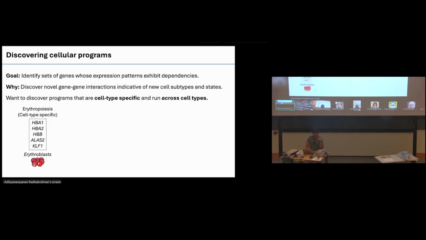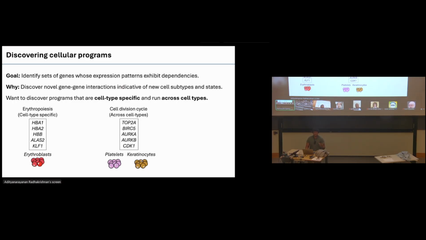You'll find that they form a small program, so HbA1, HbA2, HbB are my hemoglobin genes for adult hemoglobin, and they're cell type specific. So you should see this program running, with high dependence among these genes, in certain red blood cells. But you might also see a program of genes in different cells undergoing cell division. So maybe I'll see these genes occurring together that are indicative of cell division.